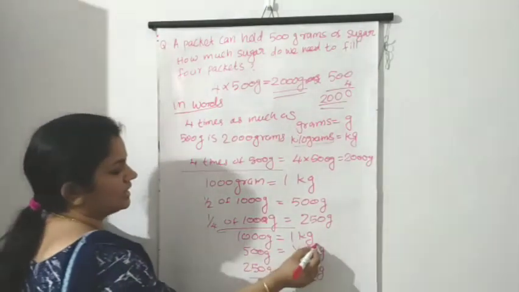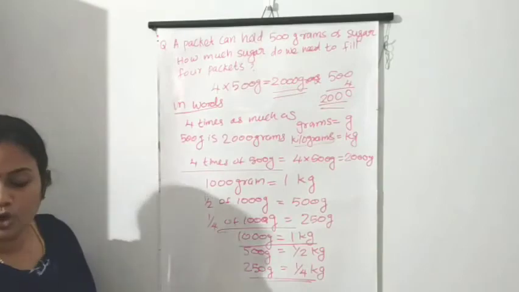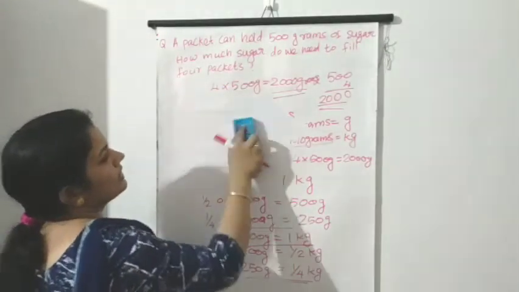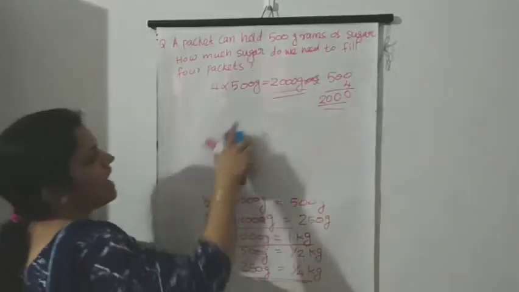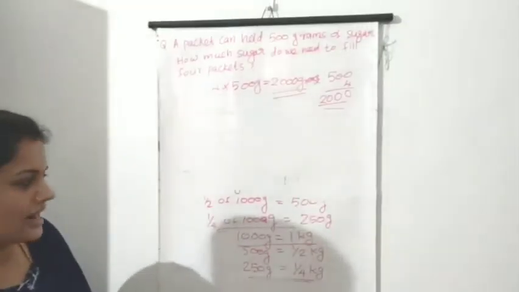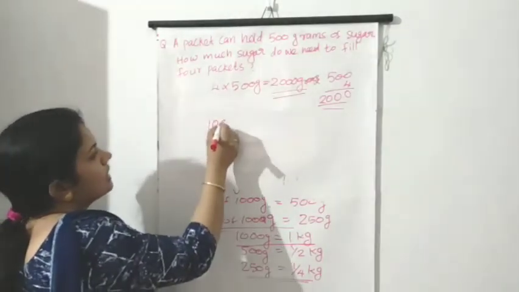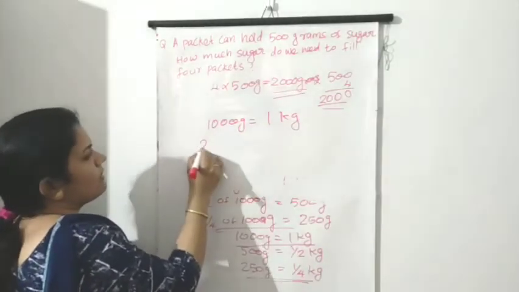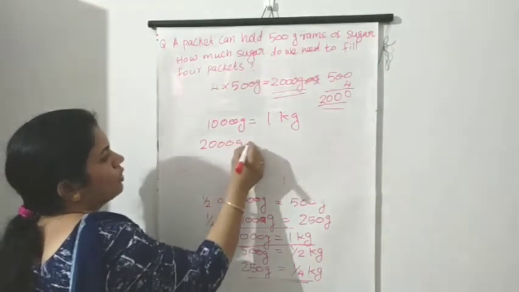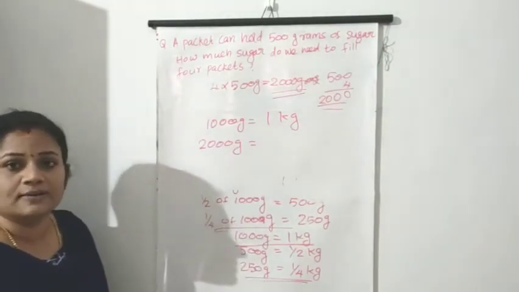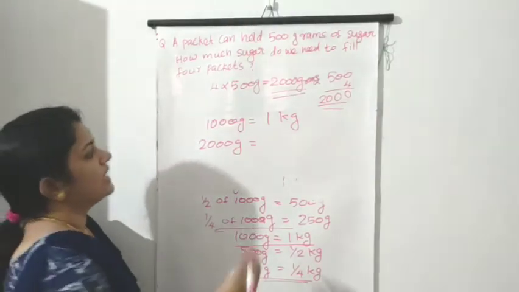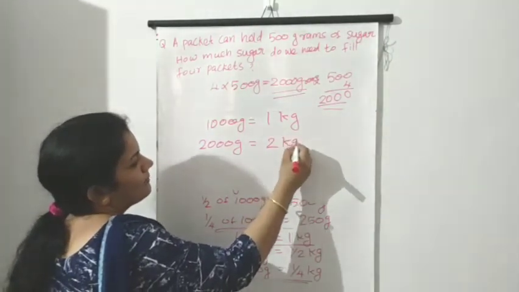We already studied 1000 gram equal to 1 kilogram. What is our answer? Look at the answer. We got the answer 2000 gram. We already learned 1000 gram equal to 1 kilogram. Then 2000 gram equals how many kilogram? 2 kilogram.